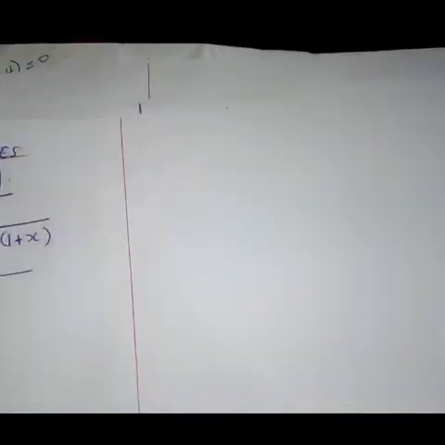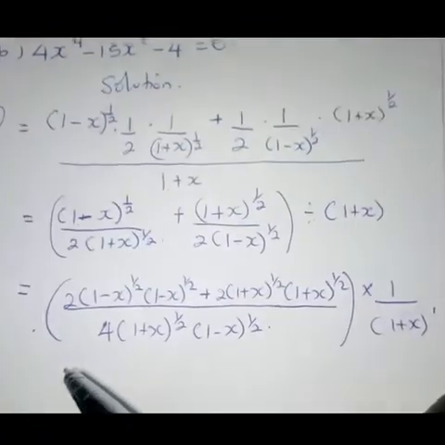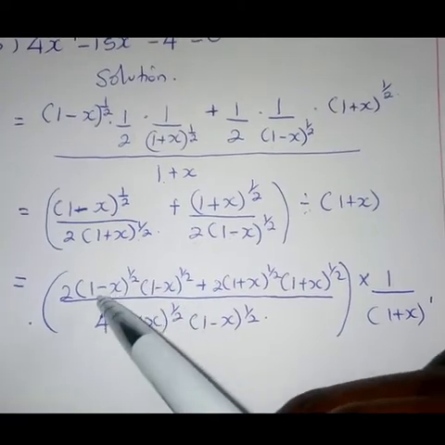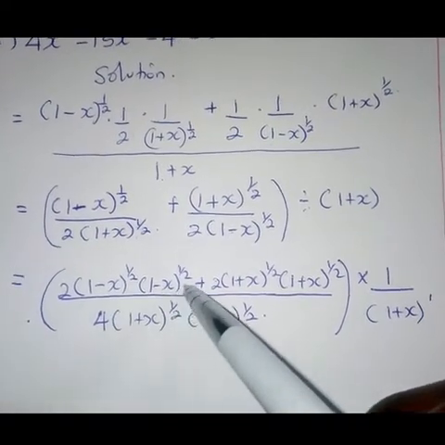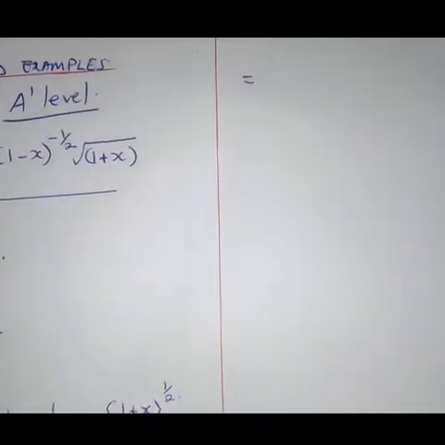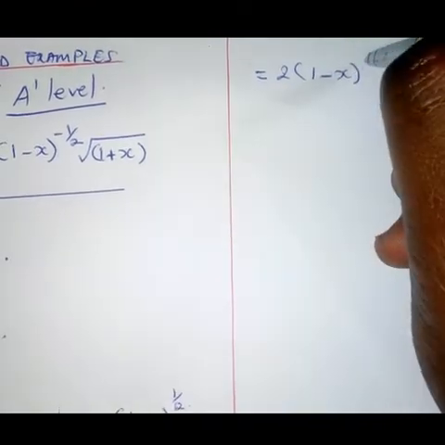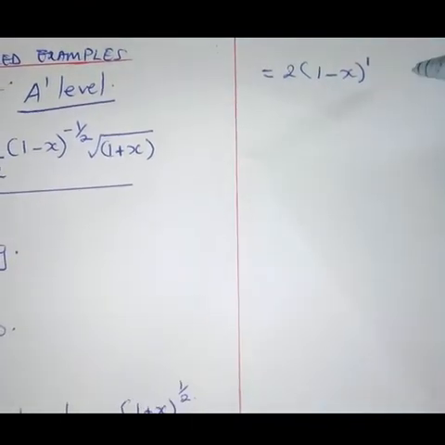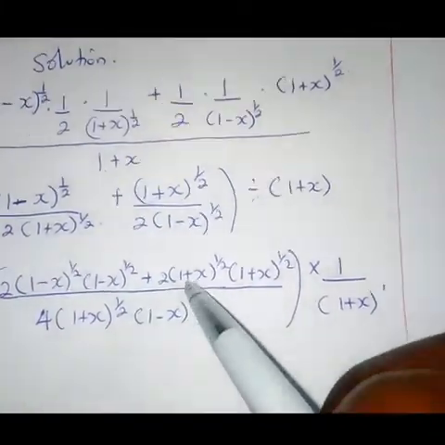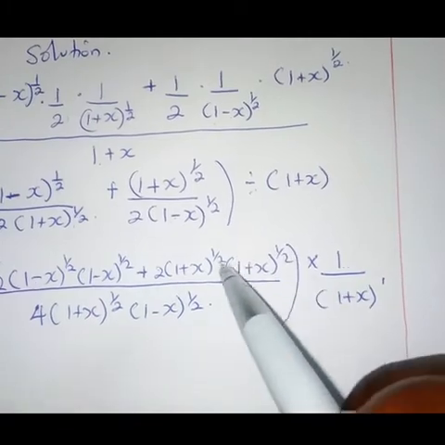So in our next step, we are going to see that these two terms here, this and that, have the same base, 1 minus x, 1 minus x. So we shall add the powers, which is going to give us 2 into 1 minus x to the power 1 plus, when we come back here, you look at this also having the same base, 1 plus x, 1 plus x, so we shall add the powers.